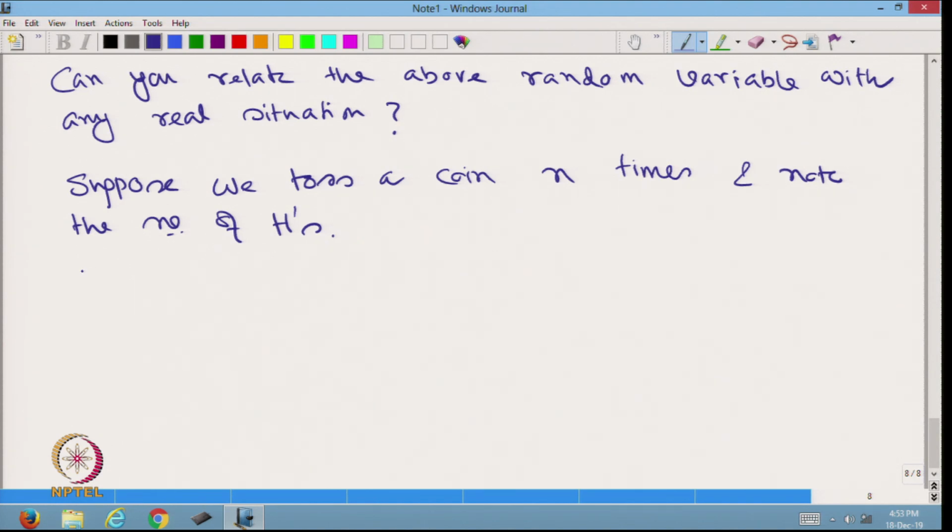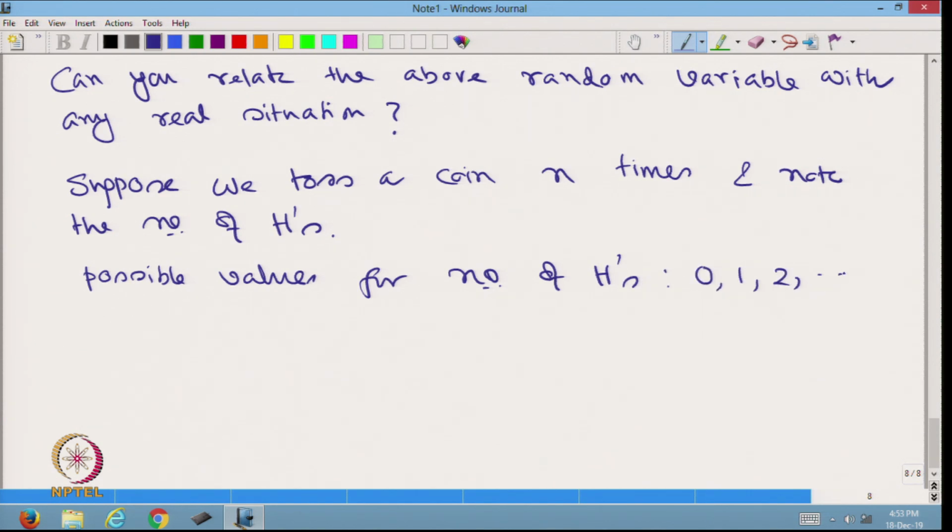Then the possible values for the number of heads can be 0, 1, 2 up to n.